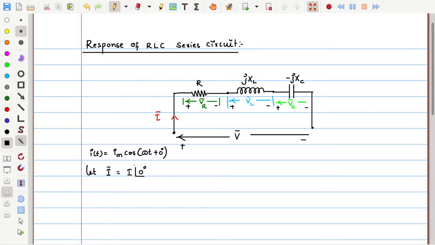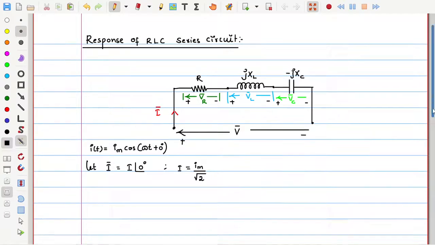If we convert this i(t) into phasor form, we get I at an angle 0, where I is the RMS value of the current, equal to Im by root 2. Clear? This is our assumption that the current is in this form. So if so, we determine the rest of the parameters. Let us see how we determine them.